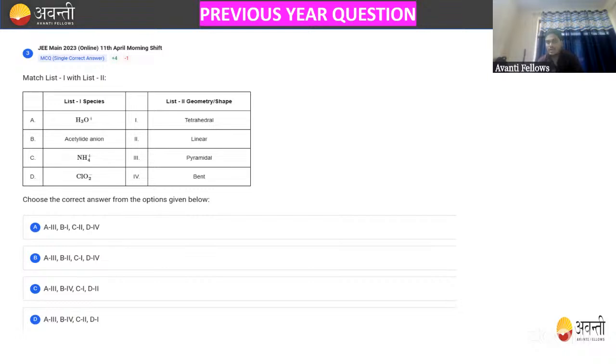So you have to match the correct option. चलो जल्दी बताओ। H3O+ का, this question is also from the VSEPR theory. ठीक है, पूरा VSEPR थ्योरी पे ही बेस्ड है। तो जल्दी से बताओ आंसर भाई। Fast everyone. H3O+, acetylide anion, NH4+, ClO2−. कौन सा सही है?